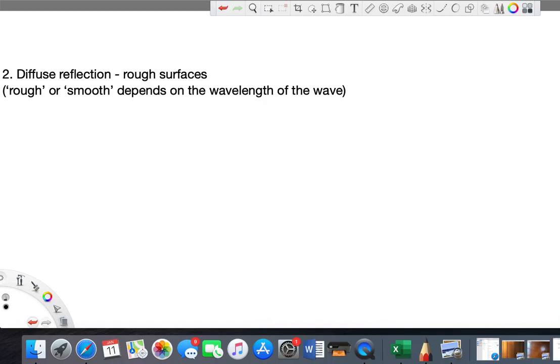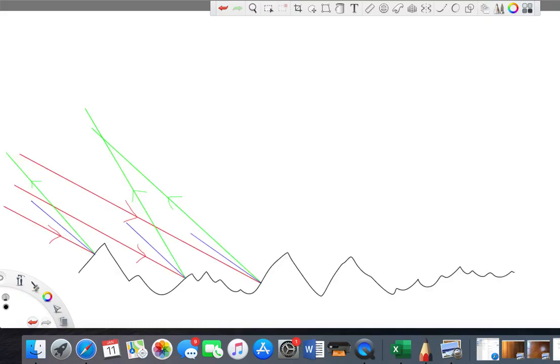And what happens with diffuse reflection is, if the surface is rough, and again remember this is rough in comparison to the wavelength of the wave, so this is maybe the surface of the table as far as the light's concerned.